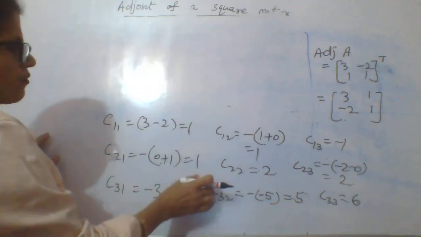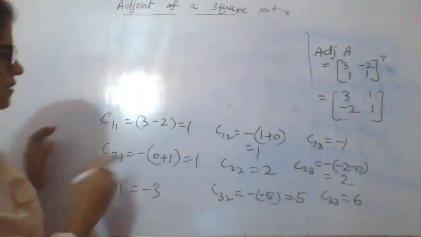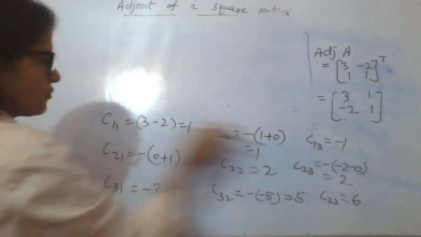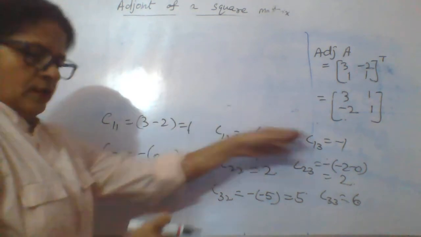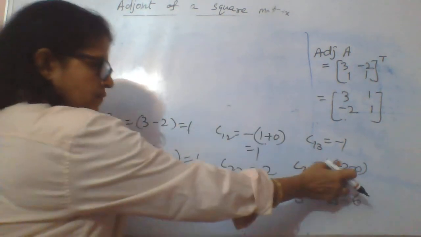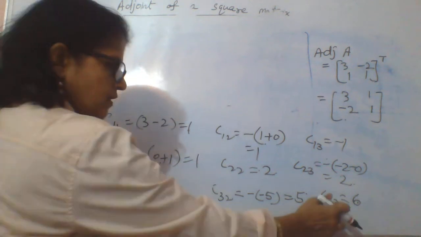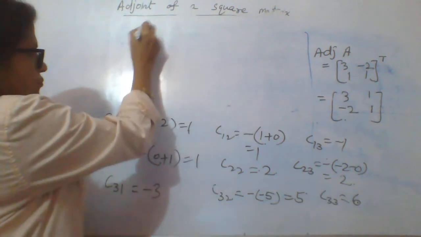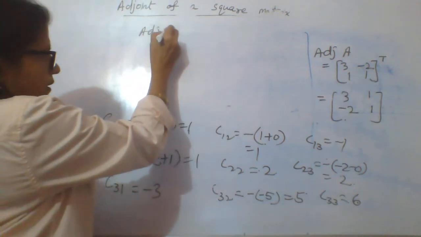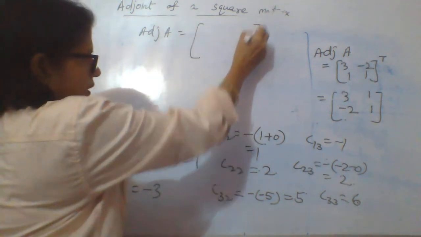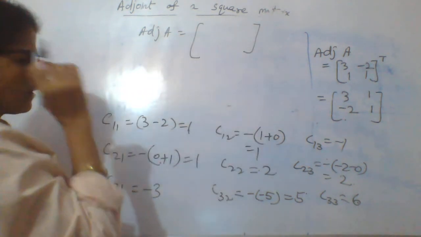Transpose of the cofactor matrix means we take this row in the first column, this row in the second column, this row in the third column. So your adjoint of A equals the transpose of the cofactor matrix.